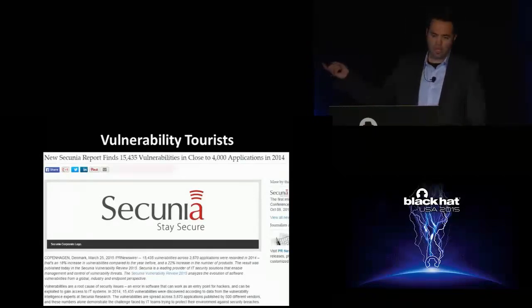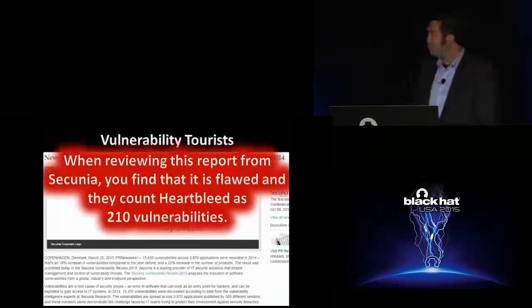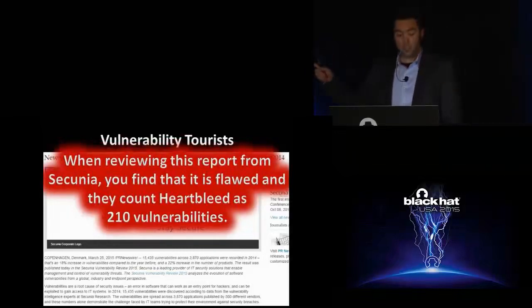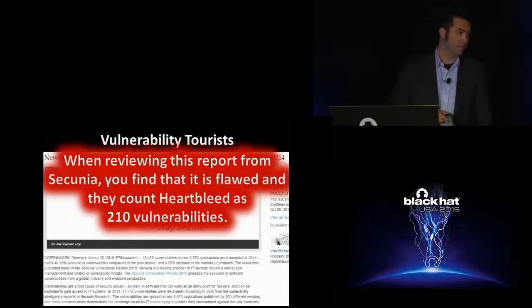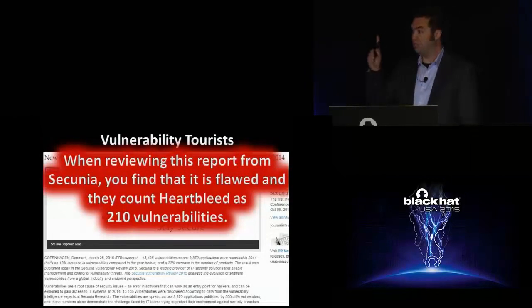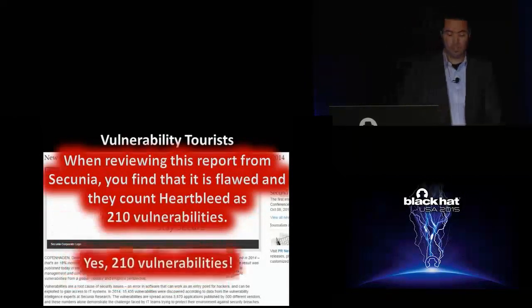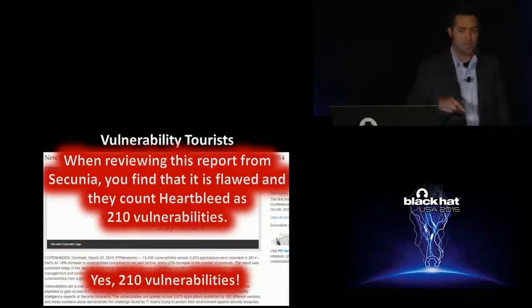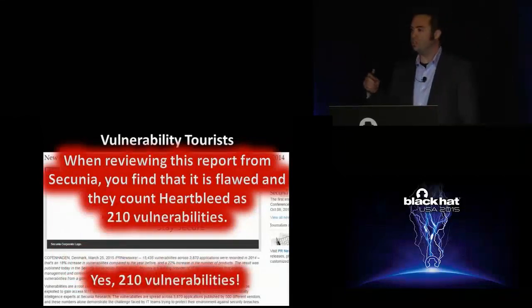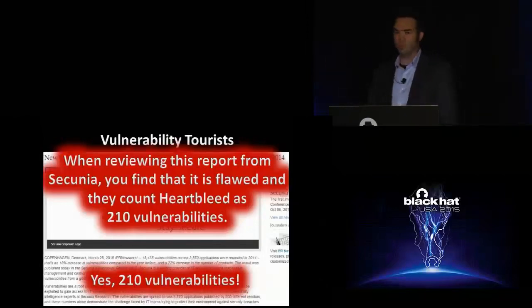But in the methodology of this report, they counted it 210 times. We still believe it's one vulnerability, but yes, 210 times it was counted in this report. So you have to look at these reports and understand how things are being counted before you run off and make decisions.